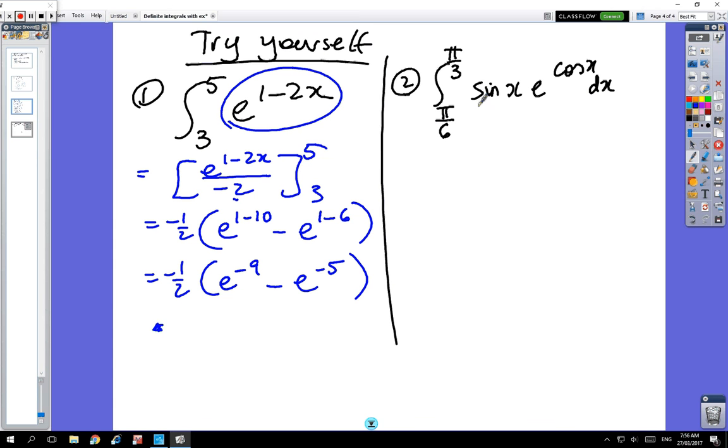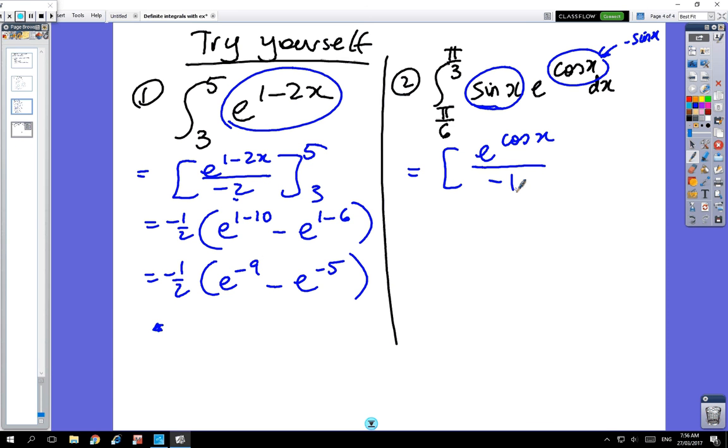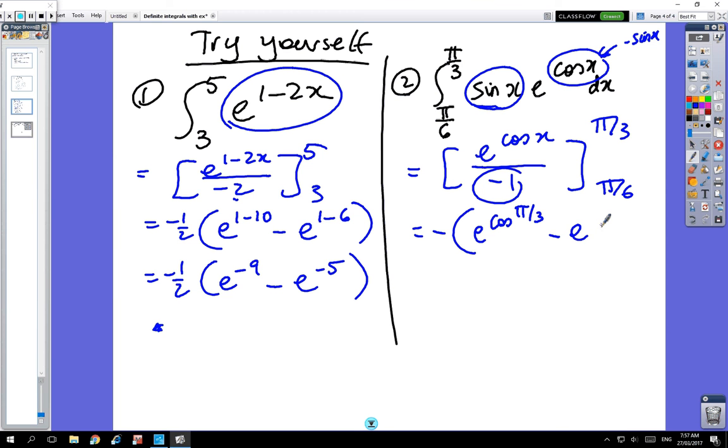Looking at this one, the derivative of cos x is minus sine x. So I've got the multiple in front. This just turns into e to the cos x over minus 1 from pi on 3 to pi on 6. Then take that out the front, just put a minus out the front. So we've got e to the cos pi on 3 minus e to the cos pi on 6.